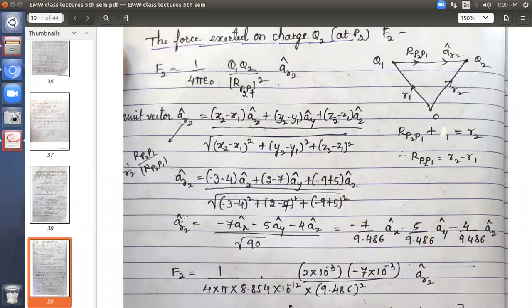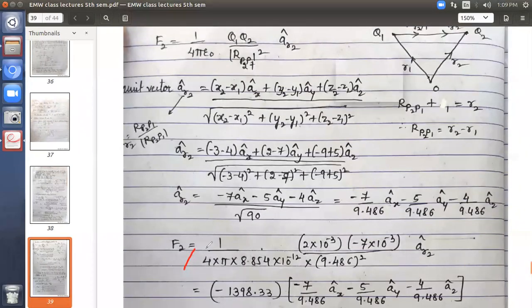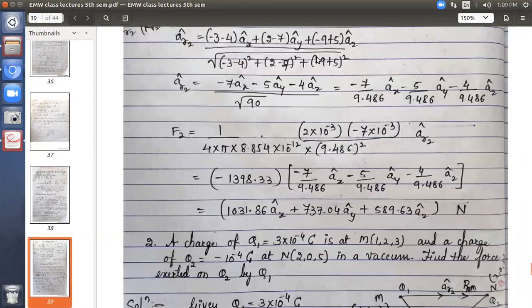Once the unit vector is known to you, use the formula for Coulomb's law: 1 by 4 pi epsilon naught, q1 q2 by distance square, into aR2. Simplify this. Whatever this magnitude is, it will come with a negative sign because it is minus 7.